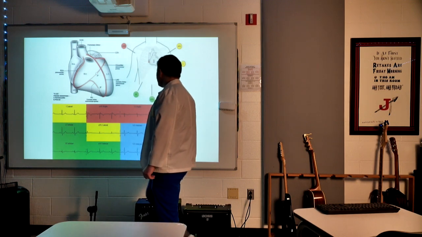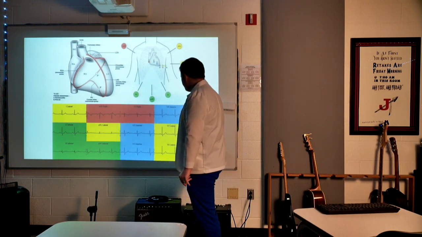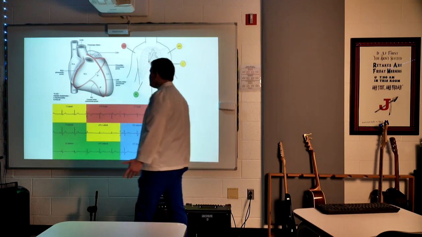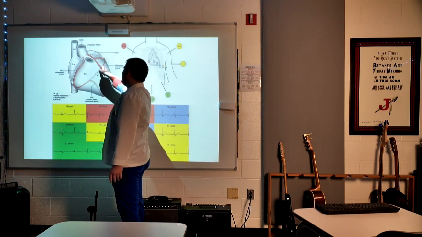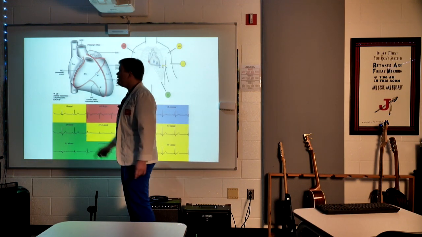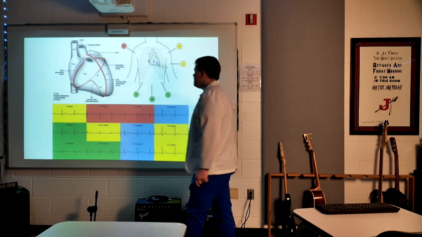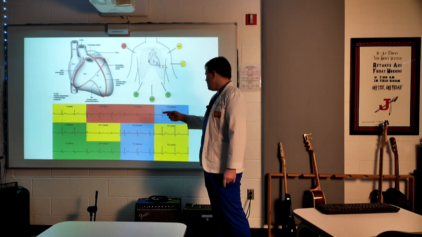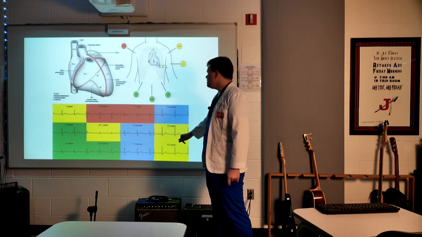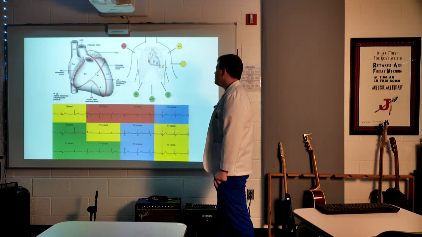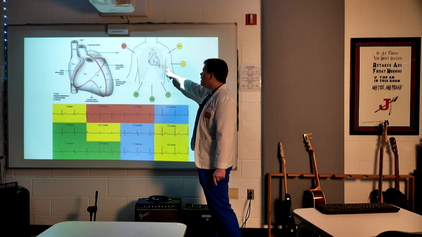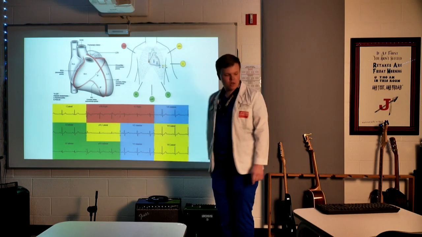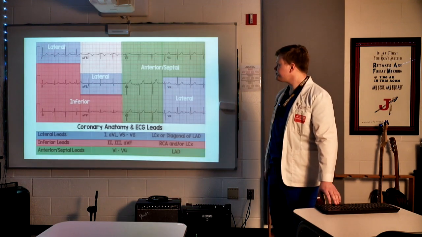If we saw some sort of issue in the electrical signal in V2, 3, or 4, we could ask, what vessel is in that area? So we could begin to be concerned with what's happening within that left anterior descending artery. And likewise, V5 and 6 also correspond with 1 and AVL, thinking about that left-sided heart electrical activity.